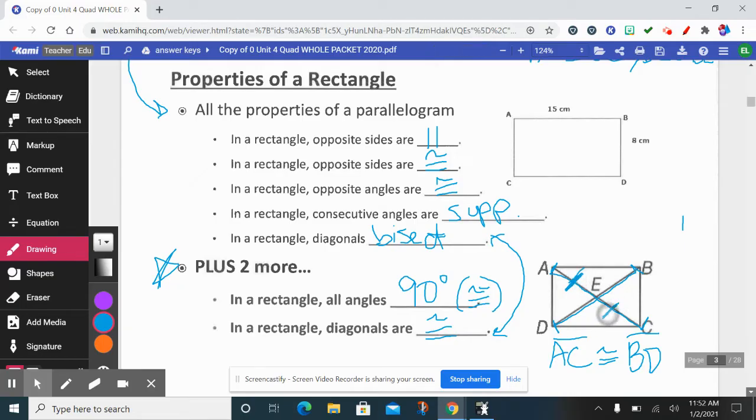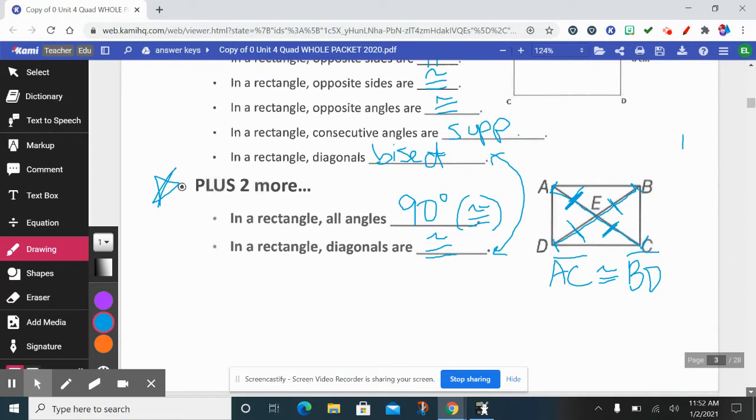So AE and EC are equal. Same with DE and BE are equal. So with that idea, we know that AE is congruent to EC is congruent to BE is congruent to DE. So you actually have 4 equal segments there.